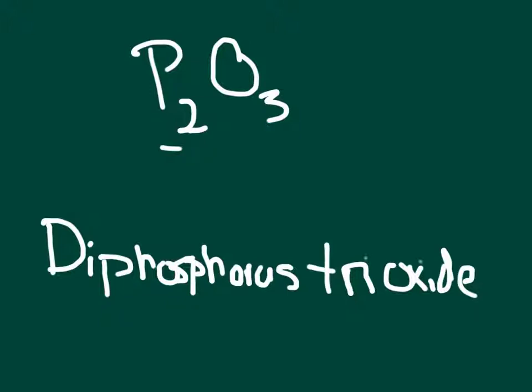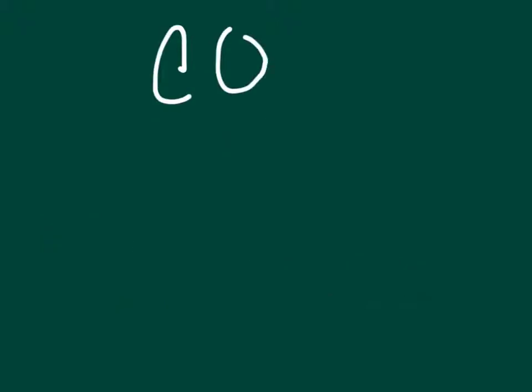Now there is one small caveat. For example, in one we're all familiar with, carbon dioxide and carbon monoxide. If your first element is a 1, you don't include the mono. If your second element is a 1, you include the mono.